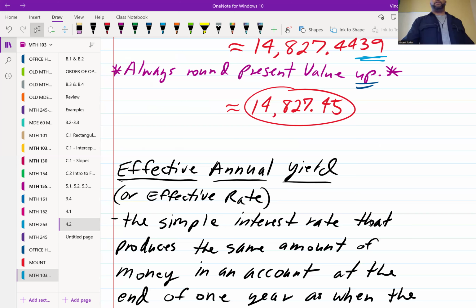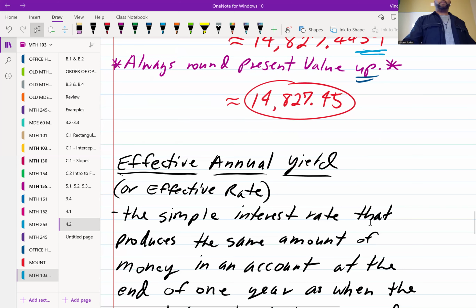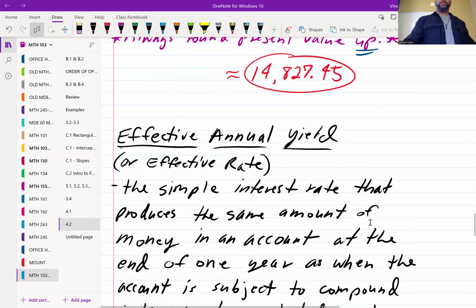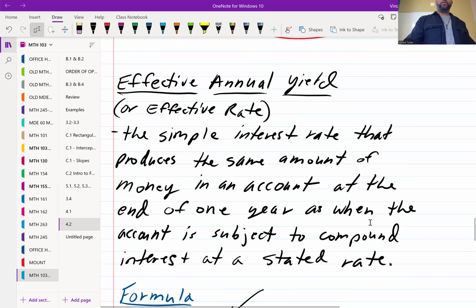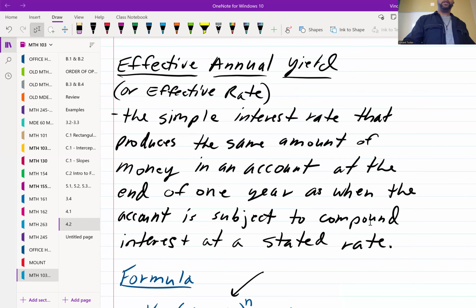All right, so effective annual yield or effective rate. It's a simple interest rate that produces the same amount of money in an account at the end of 1 year as the account subject to compound interest at a stated rate.